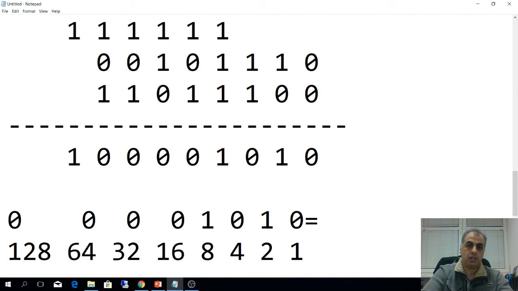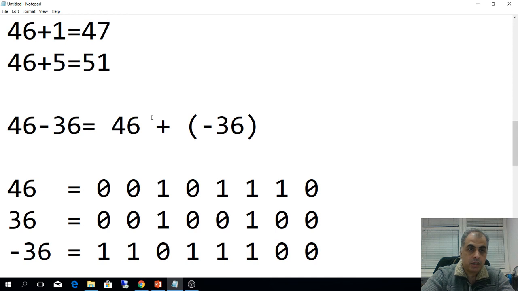Now the result: 0 plus 0 plus 0 plus 0 plus 1 times 8 is 8. 1 times 2 is 2. 8 plus 2 is 10. Oh, the result is 10. Let's come back here. 46 minus 36 is equal to 10.